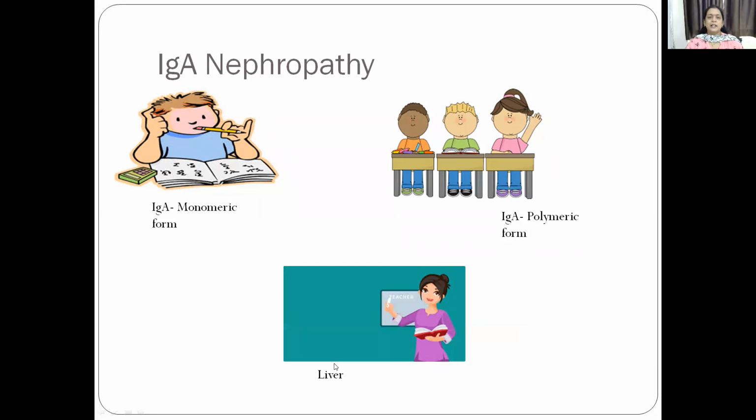So if there is an injury to the liver, this degradation does not happen and thereby there is an increase in the polymeric forms of IgA. And there is aberrant glycosylation of immunoglobulin A. You know that immunoglobulin A is formed by chains, right? So there is an abnormal glycosylation happening to one chain, so that there is an abnormal immunoglobulin A deposition.